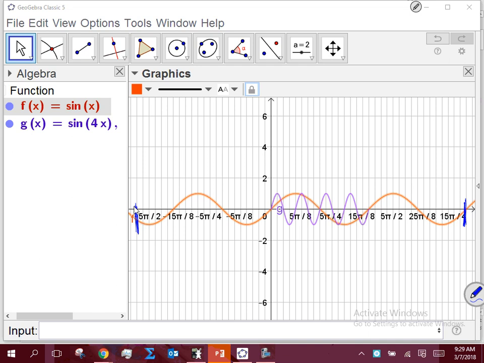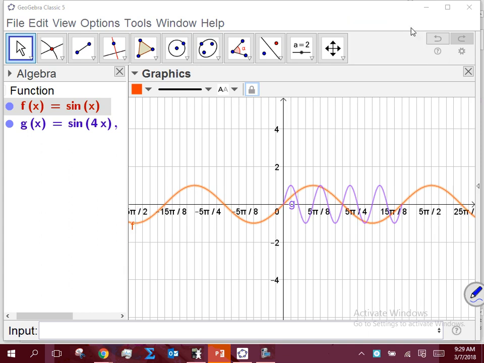So a number greater than 1 will do that for that B value. All right, so that's something to think about. When B is greater than 1, we get this compression. Okay.